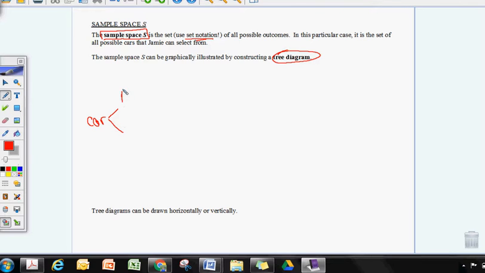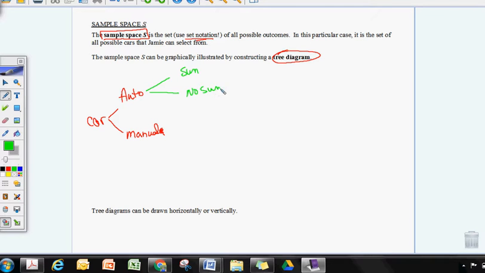And from the car, we can either have our automatic or we can have our manual. And with that, if I can spell manual, sorry about that. And then after we have auto or manual, we can see that we can have a sunroof or no sunroof.